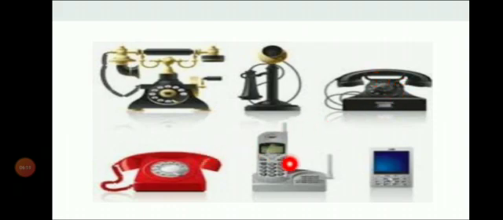Then this one, and finally it changed into a cell phone. Now if you talk about 60-70 years ago, there was a telephone in people's use, but it looked like this. But with the passage of time, it kept on changing due to the progress of science and technology. And in the last, nowadays, we use cell phones.